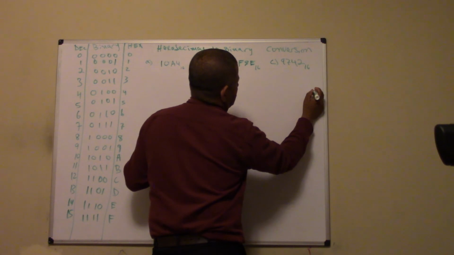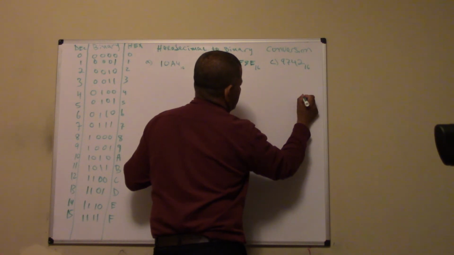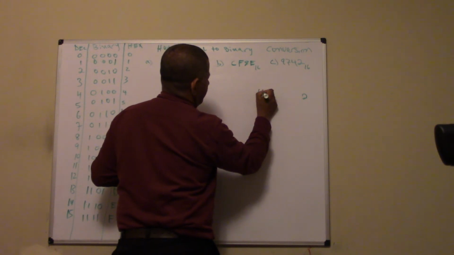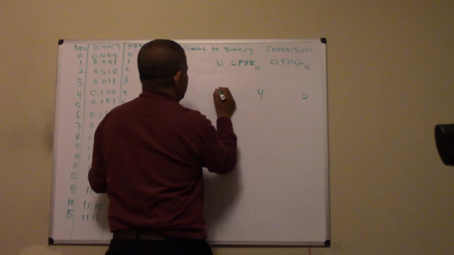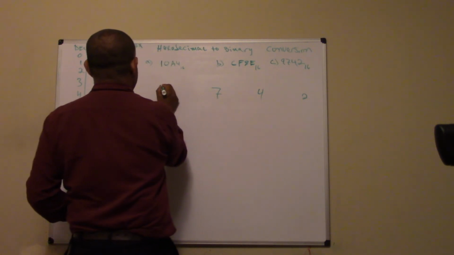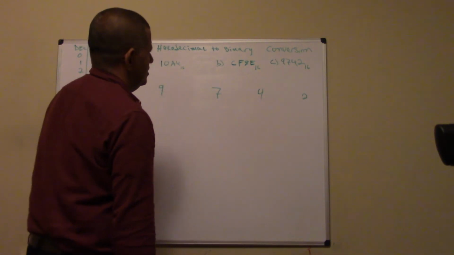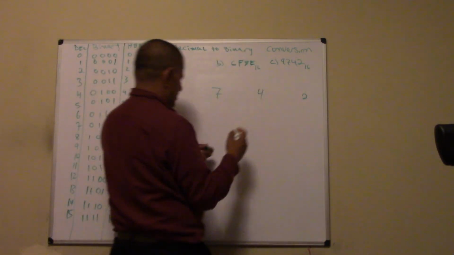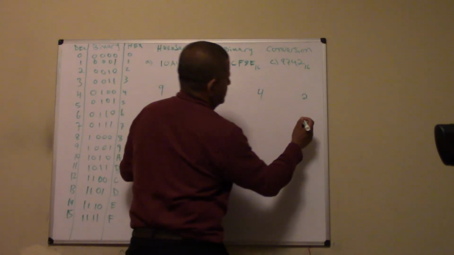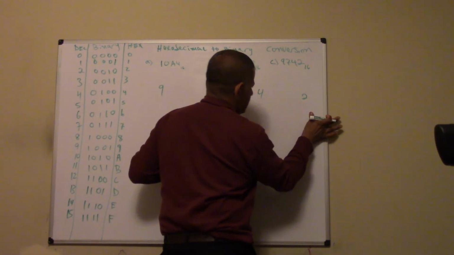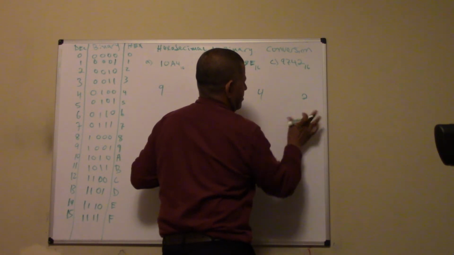So I write 2 there, I write 4 here, I write 7 here, and I write 9 here. So how do I get this? Basically the same thing, just do the exact same thing. Let me just do it here so I get a little more space.